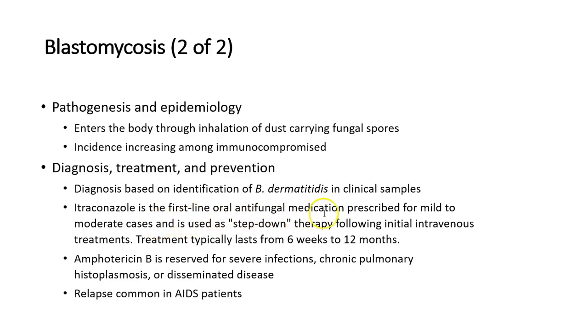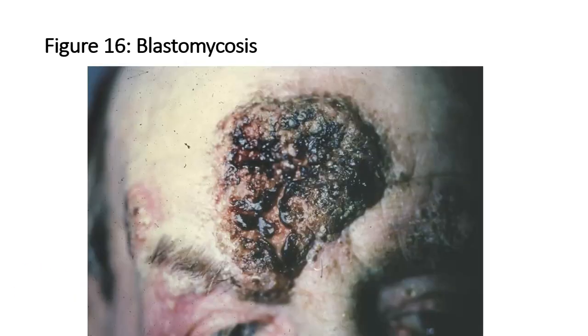There's a first-line antifungal for mild and moderate cases, used as a step-down therapy following initial intravenous treatment, and treatment usually lasts 6 weeks to a year. Amphotericin B is reserved for severe, disseminated patients. Relapse in this disease is common in AIDS patients. That's one of those lesions. It's not a pretty thing.